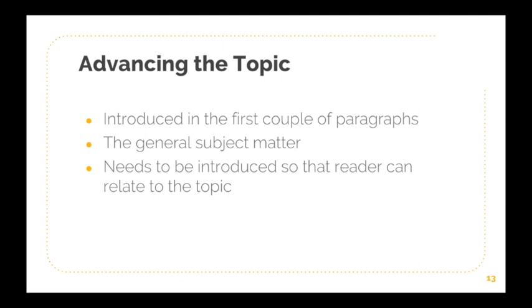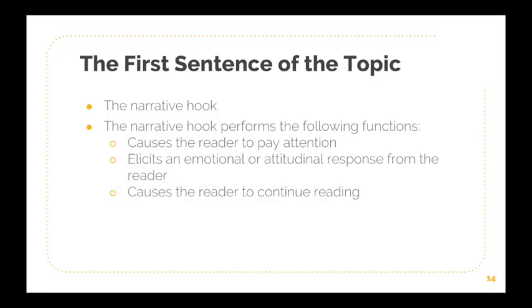Introducing your topic maintains the reader in the paper and makes it interesting for the audience. Then point to the general subject matter. The subject must be general and specific, and needs to be introduced so that the reader can relate to the topic.